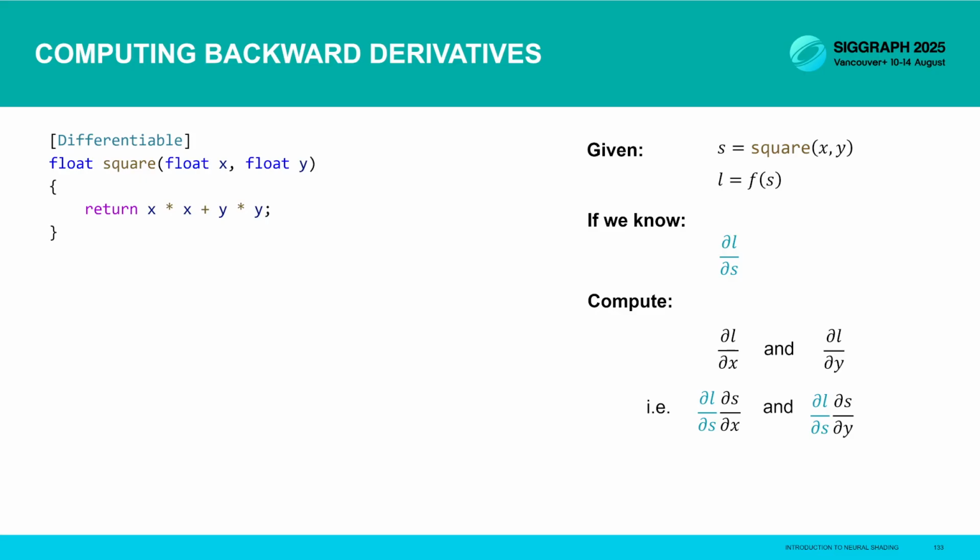As you can see, this is propagating the gradients from the output of the square function s to the inputs of the function x and y, and so this is called backward propagation.